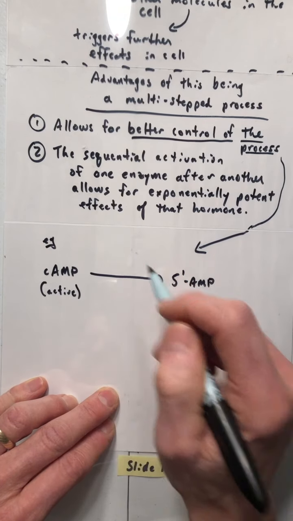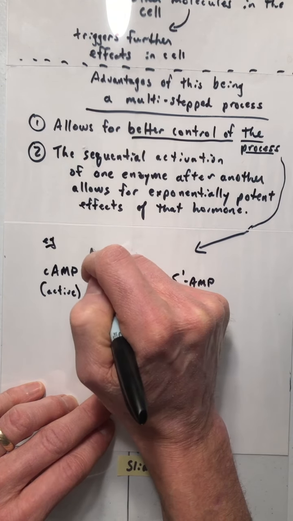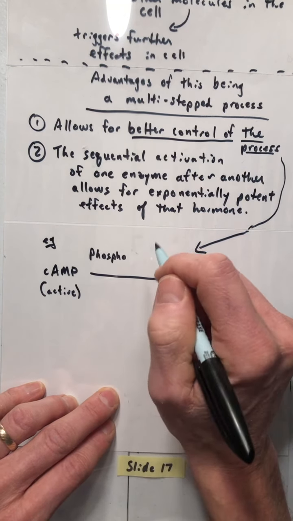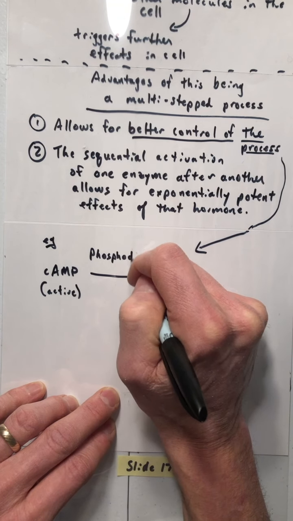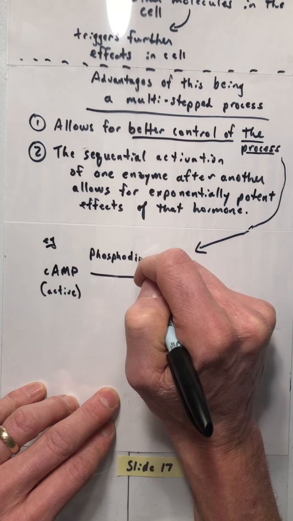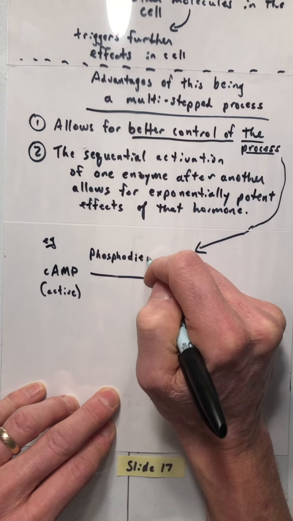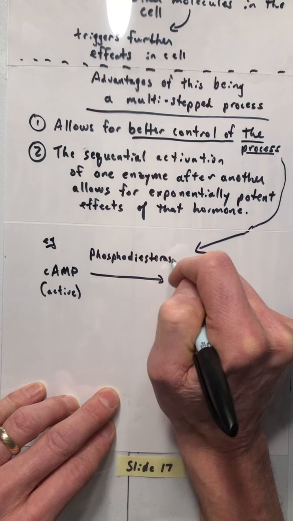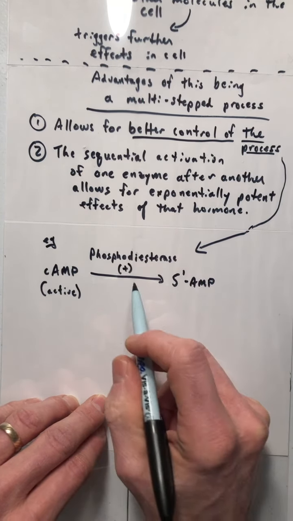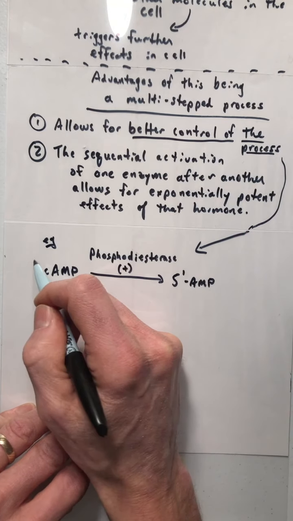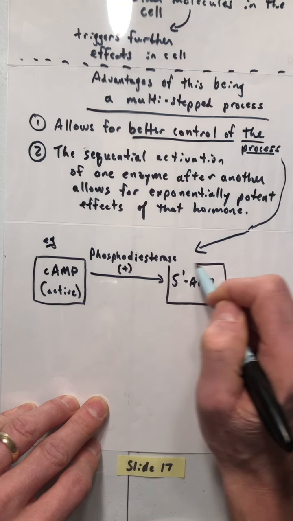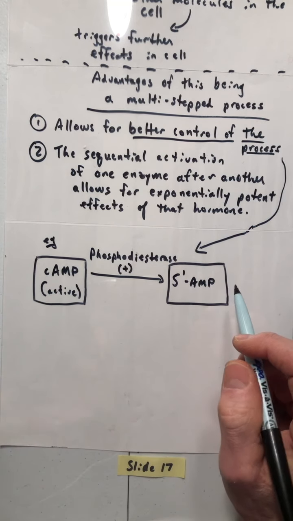And the enzyme that does that is an enzyme called phosphodiesterase. And there's actually several sub-varieties of phosphodiesterase, several types, type 1, type 2, type 3, etc. But the enzyme's called phosphodiesterase. And that enzyme, I'll put a plus sign here, meaning it speeds up this reaction to convert active cyclic AMP into inactive 5' AMP. So it's a way to tweak the system.